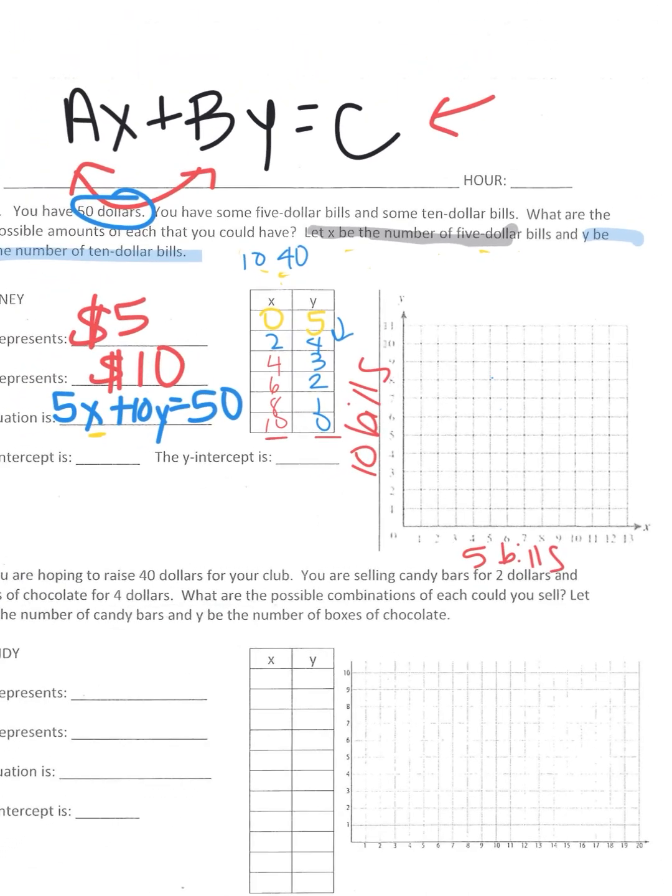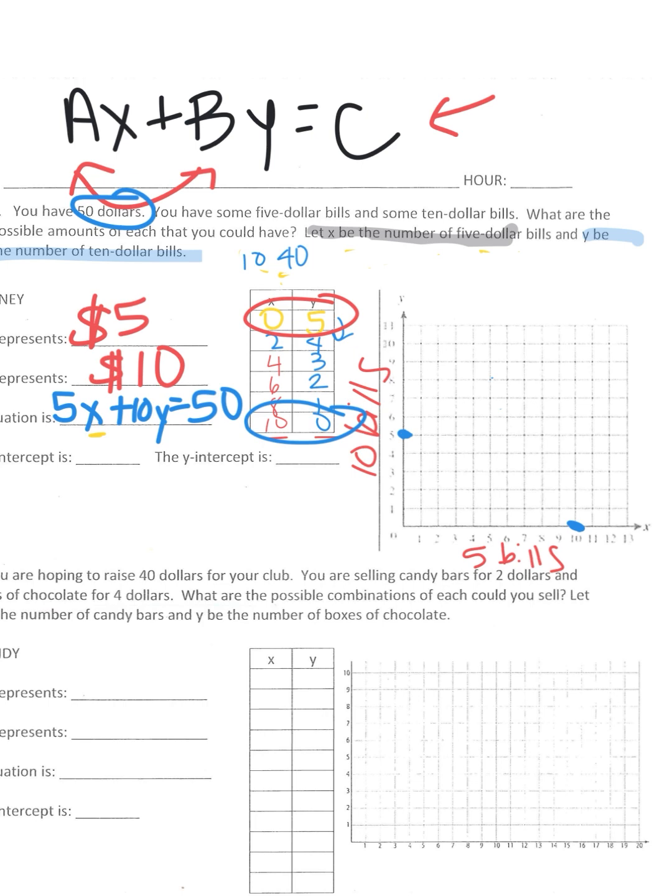My x-intercept right here is 5, so I put a dot on 5. And my y-intercept, oops, I think I did that backwards. My y-intercept is 5. When x is 0, y is 5. And my x-intercept is 10.